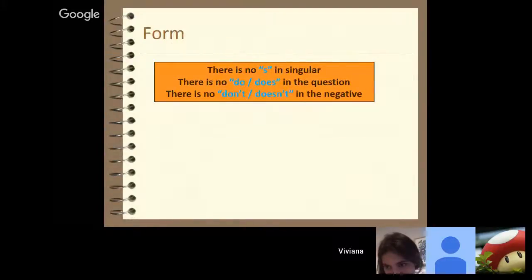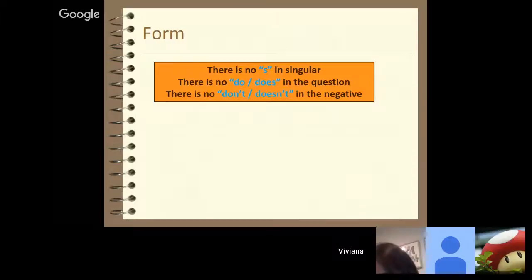Okay. For these verbs, there is no S in the singular. You don't need to add the S. For example, Mary should place the piano. No, that is not an S. There isn't an S in the singular form.